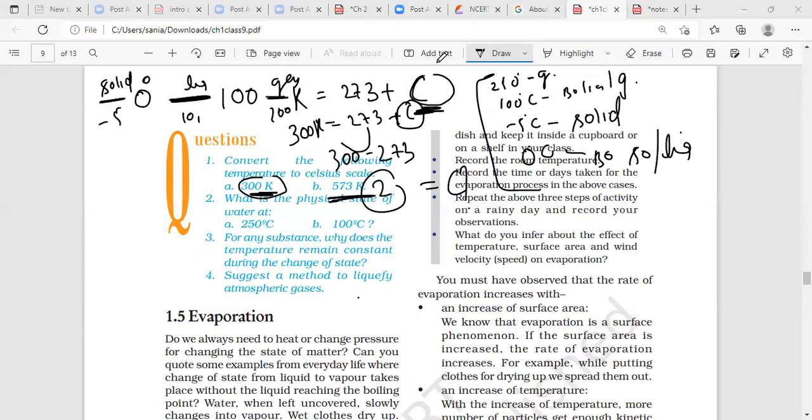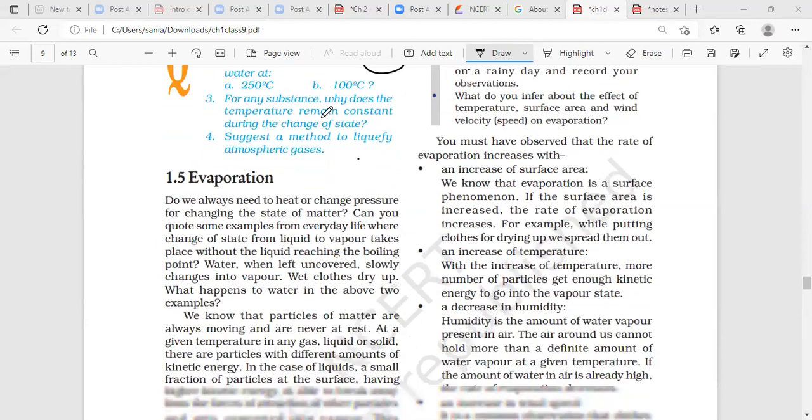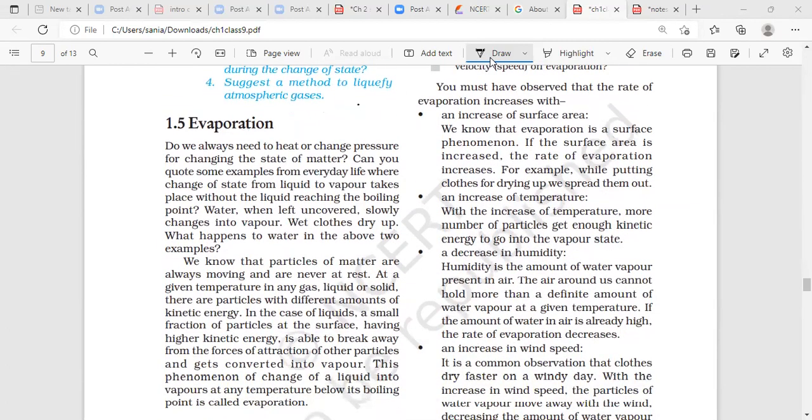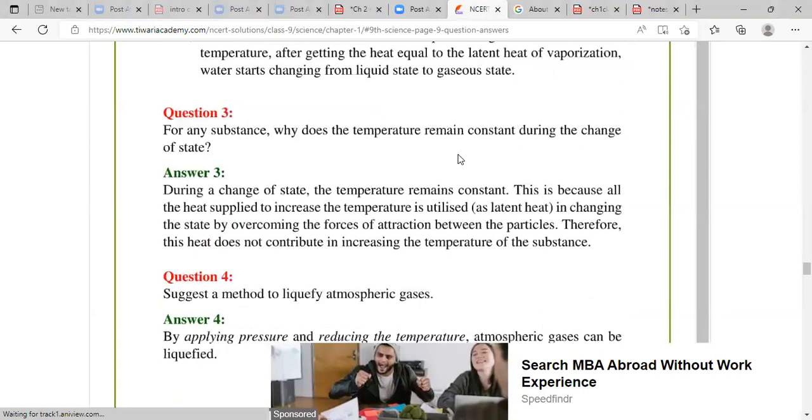Good. We need to do a few more questions as well. The next question is, for any substance, why does the temperature remain constant during the change of state?